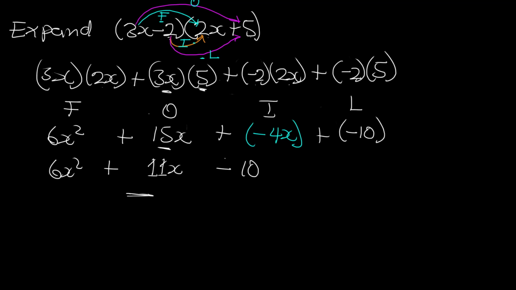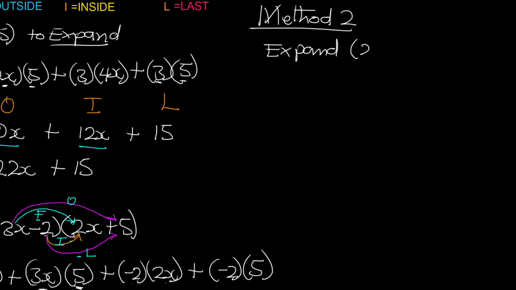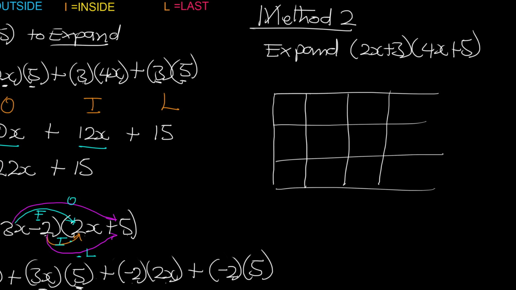We move on to method 2. In this approach we use a table. So if we are to expand 2x plus 3 and 4x plus 5, we can draw a table. I'm not drawing to scale. We are multiplying. We have 2x and 3, that's the first term, and we have 4x and 5.